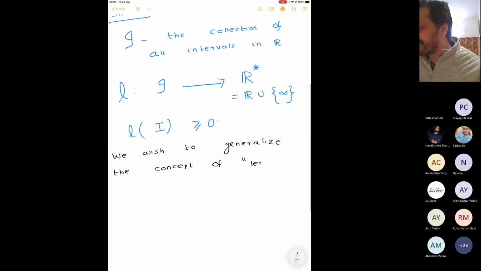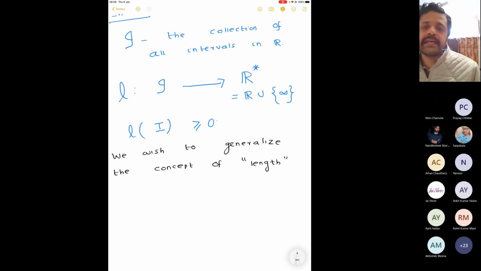Why do you want to generalize? That question, let us postpone and accept that there are some advantages in generalizing the concept of length available in R, similarly area available in R2 and so on.